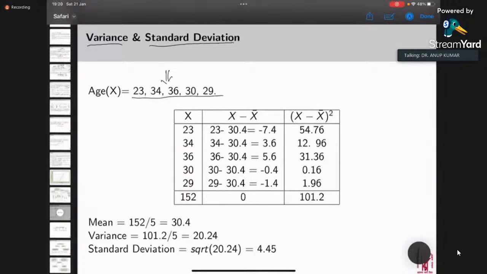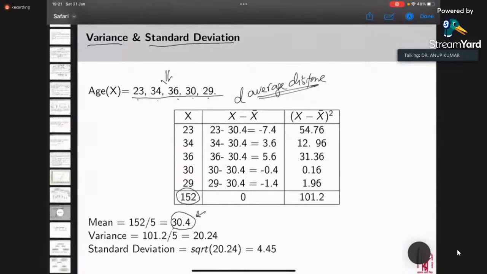The idea is to calculate the mean. Add all these observations and divide by 5. The mean comes out to be 30.4. Now, if you measure the distance of all these observations from the mean and find the average distance, it will give you an idea of how much variability there is in the data.